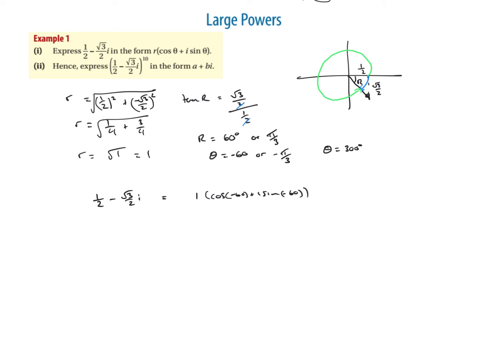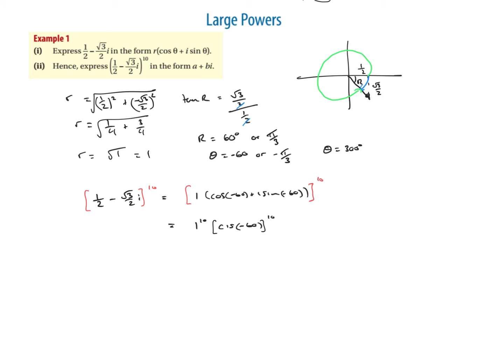From there, what we're going to do is take it to the power of 10, which means that on this side, to the power of 10, I have to do exactly the same on the other side because they're equal. Now what we have over here is 1 to the power of 10, and then we're just going to use the cis notation, cis of minus 60 degrees, and that is also to the power of 10.